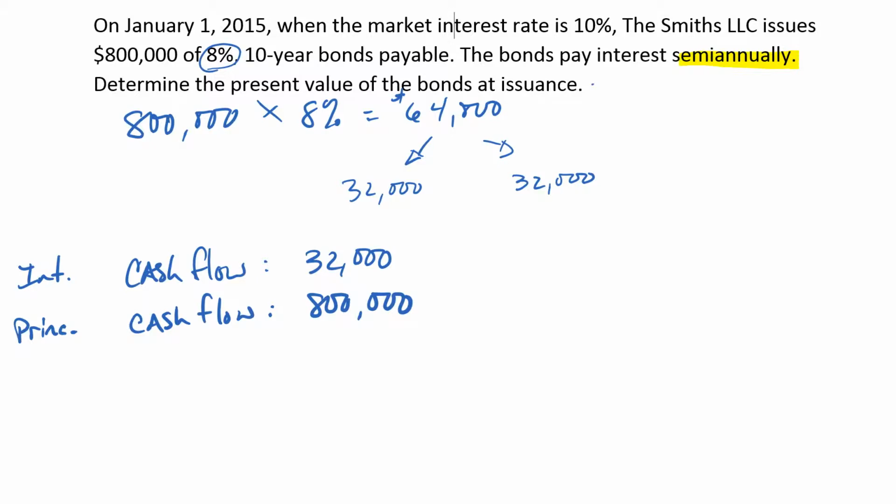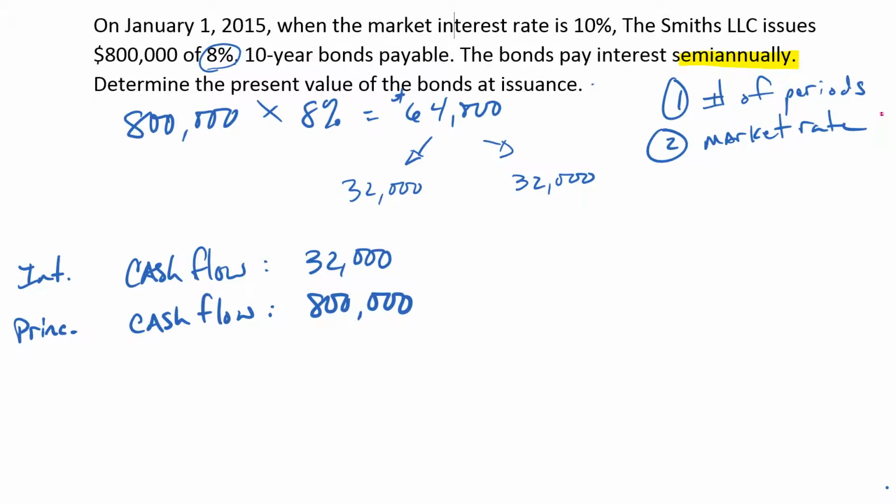And the one is we need to figure out what is the number of periods and what is the market rate. And those have to be presented in the same sort of unit of measure, or time period.